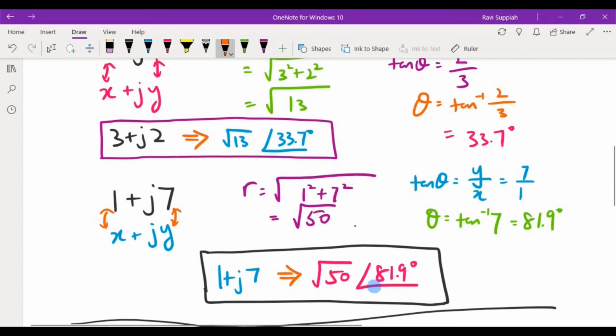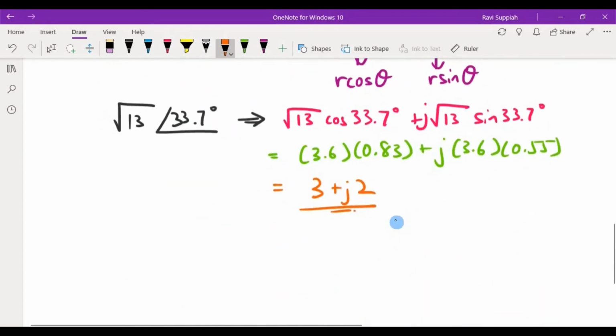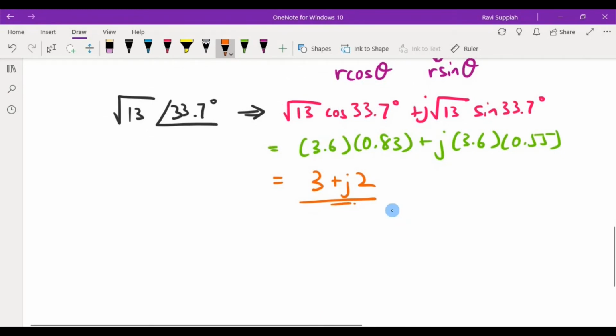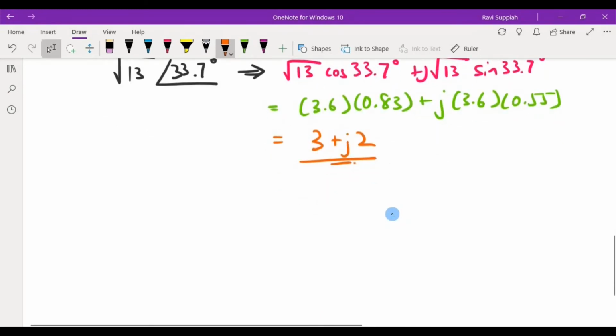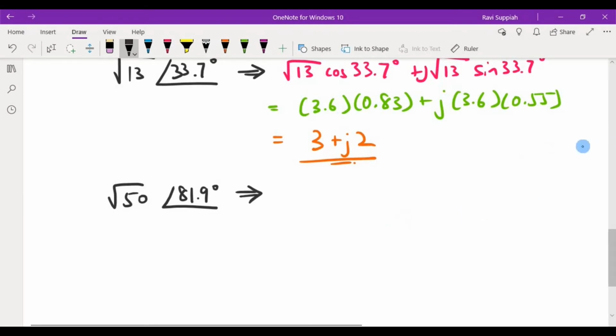Okay, so let's do it for the second number just for practice. The second number is given as square root of 50 angle 81.9 degrees, and now we're going to convert that number from its polar form to its rectangular form.